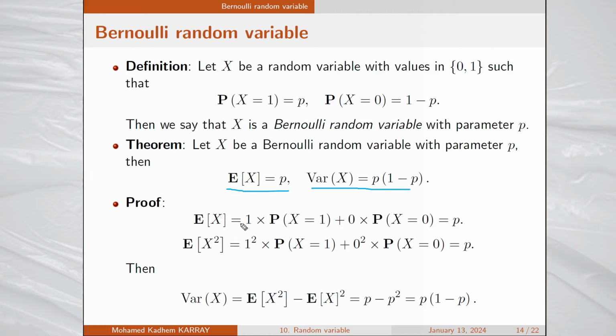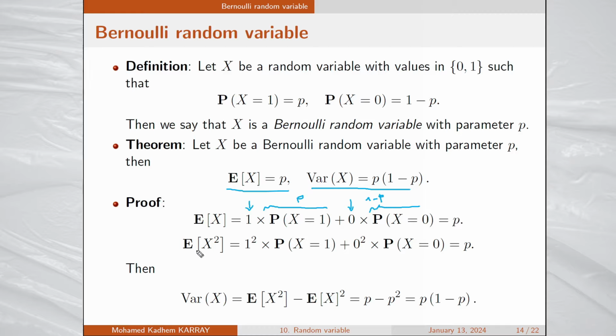Let's prove these results as an exercise. So the expectation of the random variable equals its first value multiplied by the corresponding probability, plus its second possible value, which is 0, multiplied by the corresponding probability, and this gives 1 multiplied by p, plus 0 multiplied by 1 minus p, and this gives p.